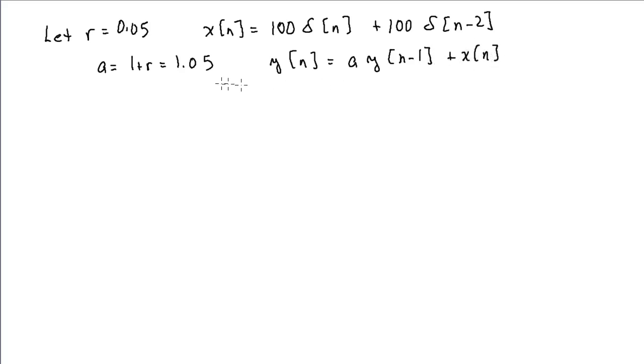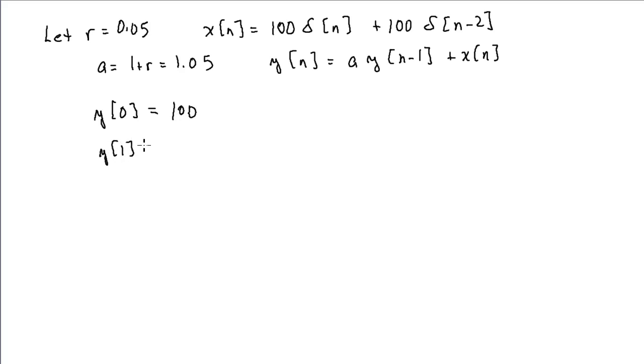Okay. And then I can just use this equation to start calculating my account balance. At y of 0, it's going to be a times y of minus 1. So this would be an initial condition. I'm assuming that my account starts with 0 balance, and then plus x of n, which at n equal to 0 is equal to 100, so y of 0 is 100, and that's my starting balance.